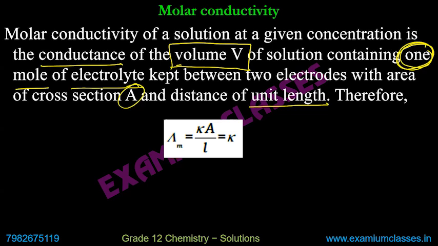Platinum electrodes are used because platinum is highly passive. It does not react, so that's why platinum electrodes are used, so that they just conduct electricity and do not react.